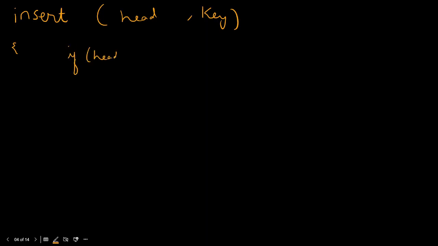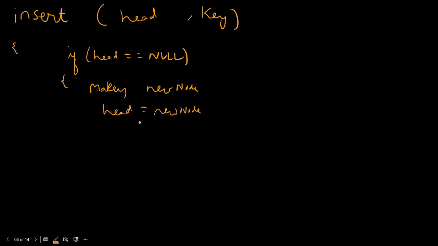If head is null, I'll just make a new node. I mean, this is a pseudocode, and head is equal to new node. Return. This is empty list handled.